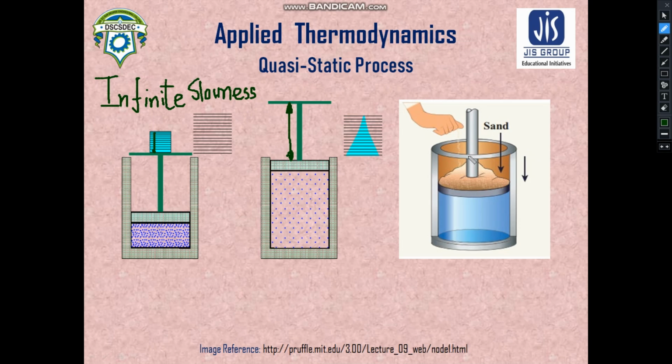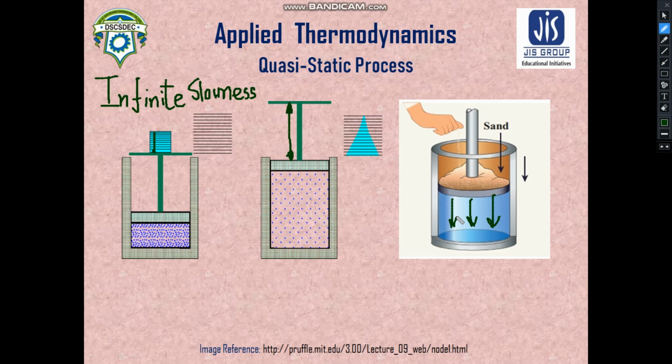Here you can take an example. Suppose you are dropping sand grains one by one. After you have poured some sand here, it has to collect up to a certain amount, and only then can you observe the piston moving in this direction. The piston will be able to apply some kind of pressure.